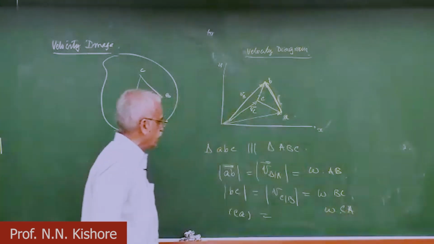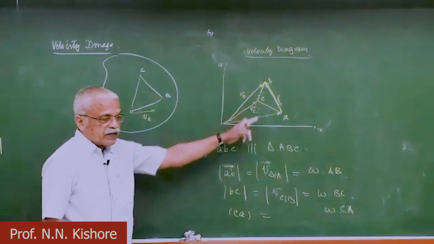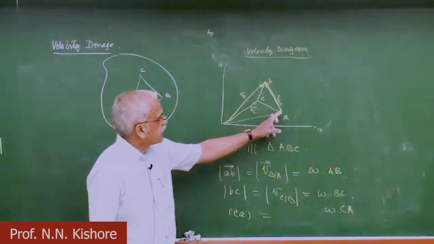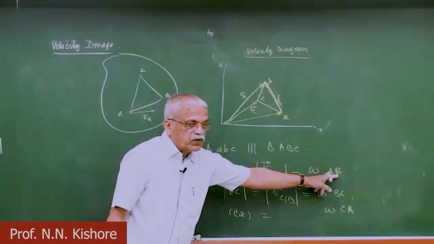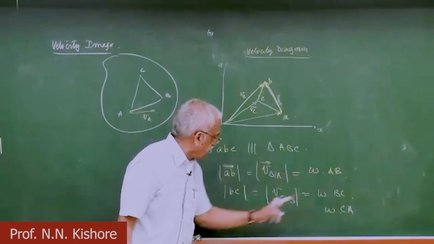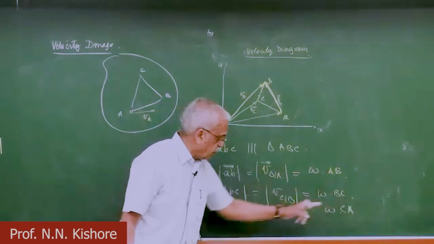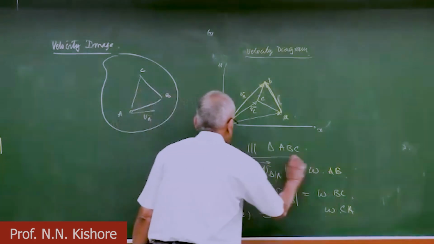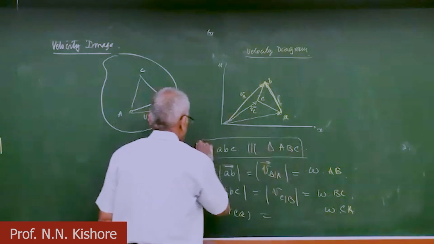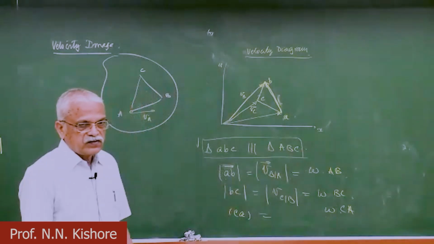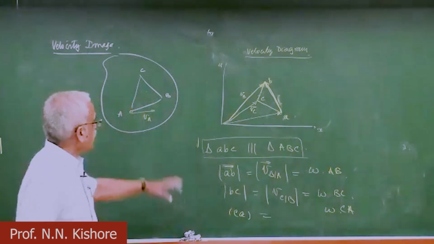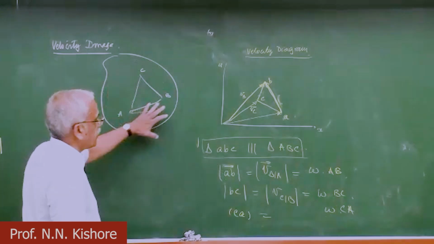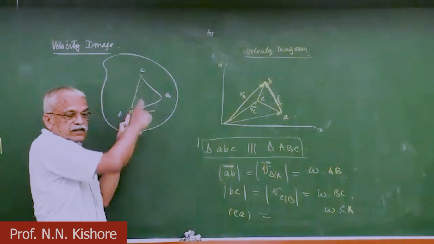So what does that mean? In the velocity diagram, side ab is proportional to AB, bc is proportional to BC, and ca is proportional to CA. So what is the outcome of this?